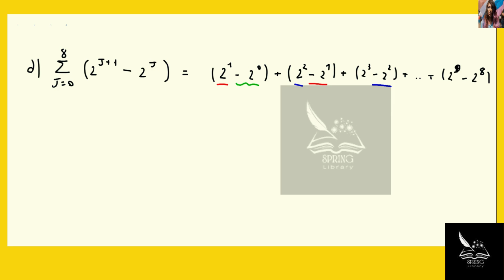And essentially, all of the terms other than the very first one, so minus 2 to the 0, and the very last one, which is going to be 2 to the 9th, remain. Because every other thing is summed and subtracted once. So 2 to the 9th is 512. Then we have minus 1. So this is 511.